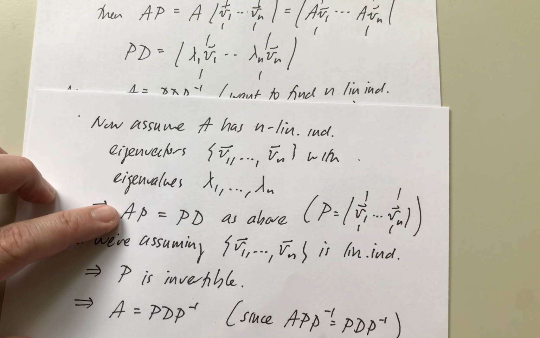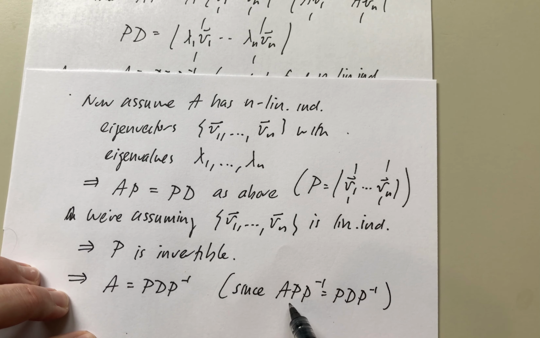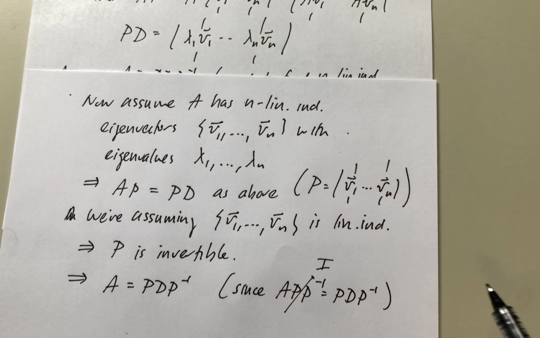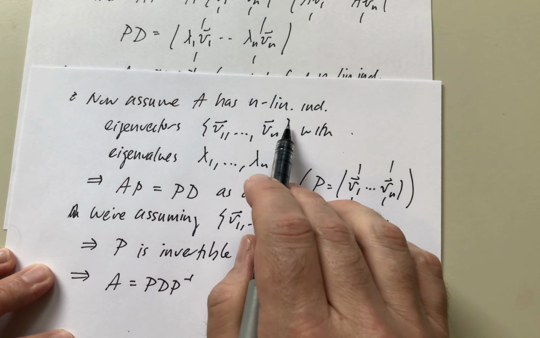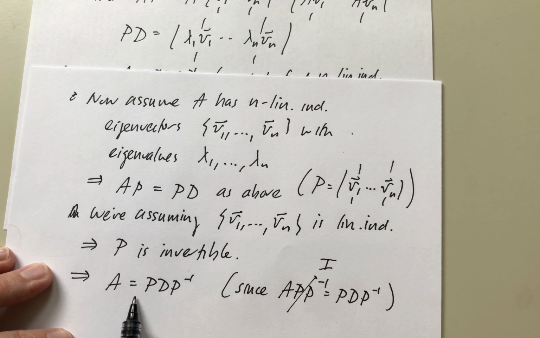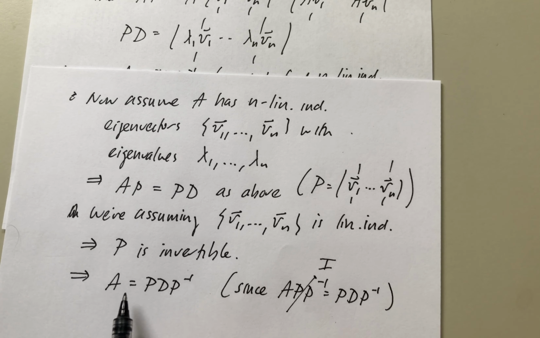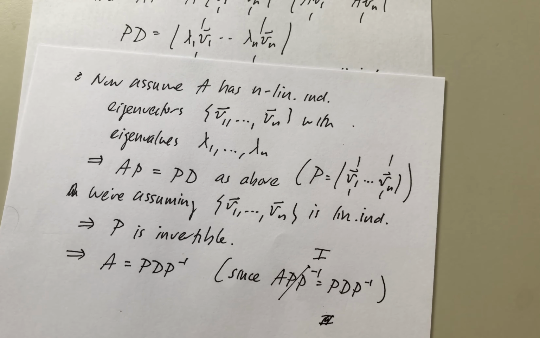We know that's true from what we concluded up here. And now, of course, the left side becomes A, and we got what we want. So that proves the theorem: this direction was assuming we had n linearly independent eigenvectors, and it gave us a diagonalization of the matrix A. So that concludes the proof. Put a little box there, and we'll see you next time.